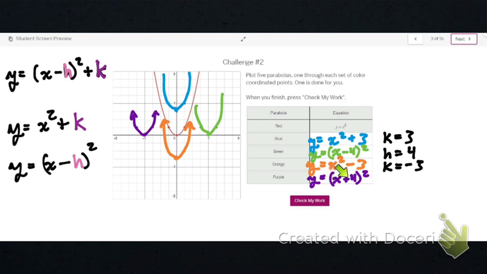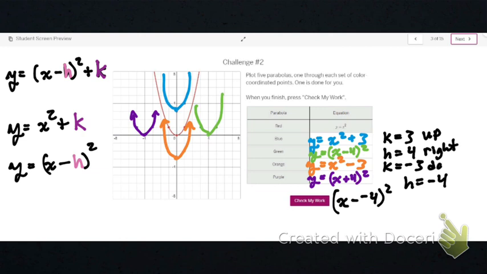And then for the last one, now this one's kind of written weird. I normally don't write it like this, but technically we put a negative 4 in there. That's why it says plus 4, because it says minus h right here. If we put a negative 4 in there, then it would say plus 4. So for this one, our h equaled negative 4. This one moved up, this one moved right.